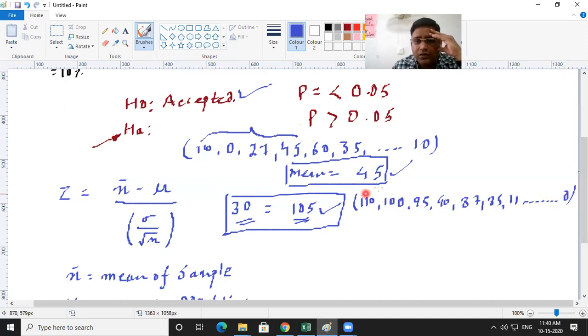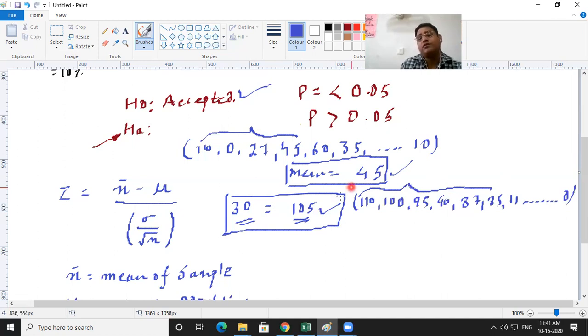So I took the first 30 records as a sample, and when I found the mean, it was 105. But the mean of my overall data, my population, is 45. In this case, my sample is not representing my population.